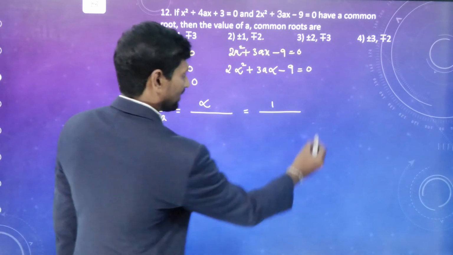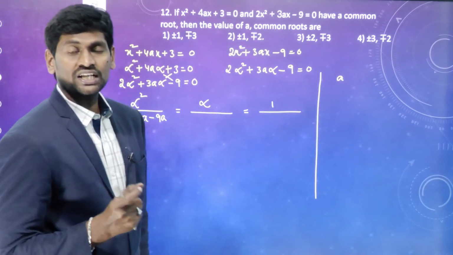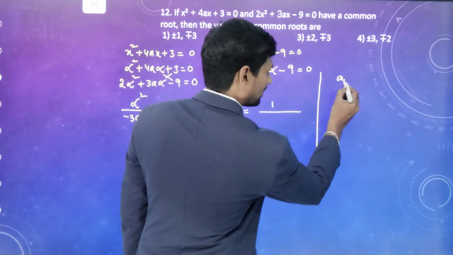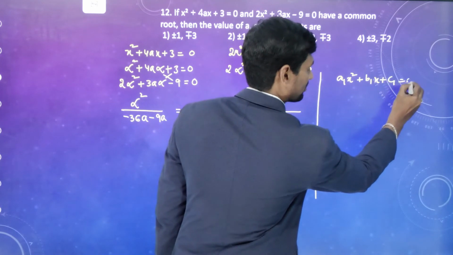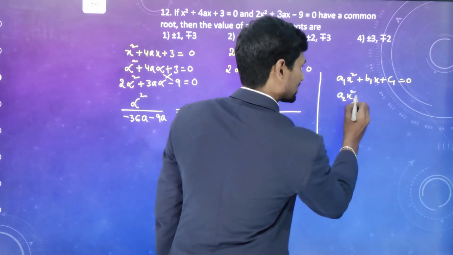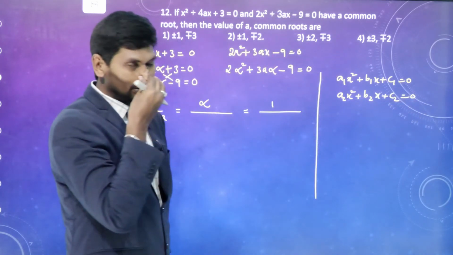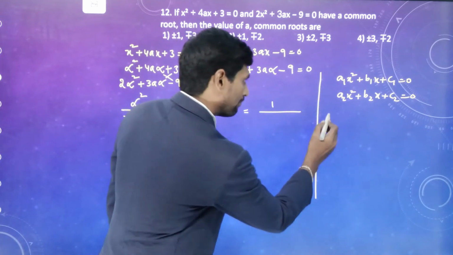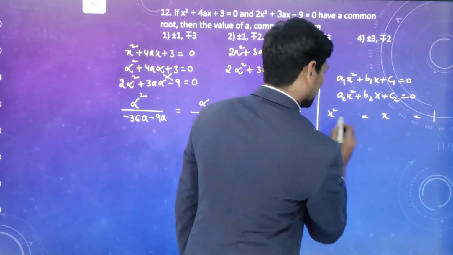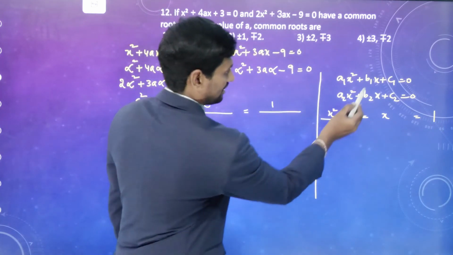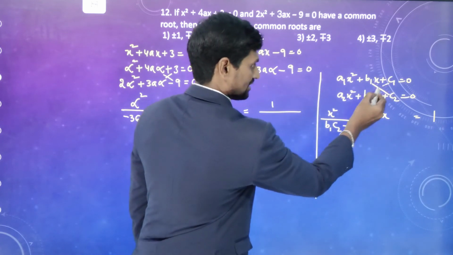So let me explain here. For example, the given quadratic equations are in the form a1x square plus b1x plus c1 equal to 0, and a2x square plus b2x plus c2 equals 0. These are two different equations. For comparing the x square term, x term and constant term: x square by b1 c2 minus b2 c1.